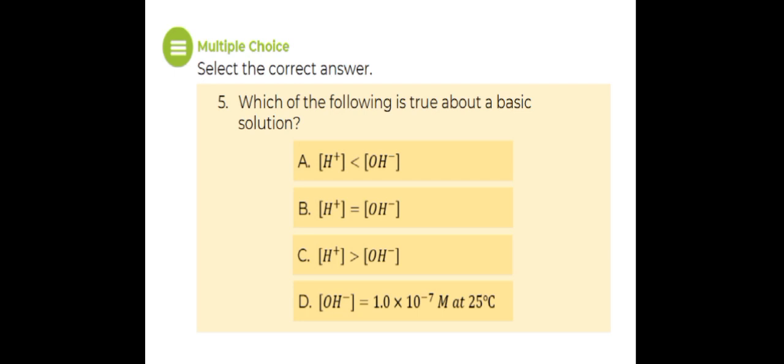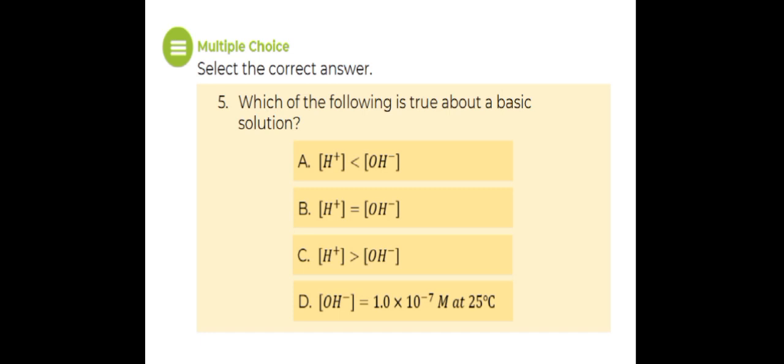Is it A, where hydrogen ion is less than hydroxide ion, or B, where hydrogen ion is equal to the hydroxide ion, or C, where hydrogen ion is greater than hydroxide ion, or letter D, where hydroxide ion is equal to 1.0 times 10 raised to negative 7 molar at 25 degrees Celsius?